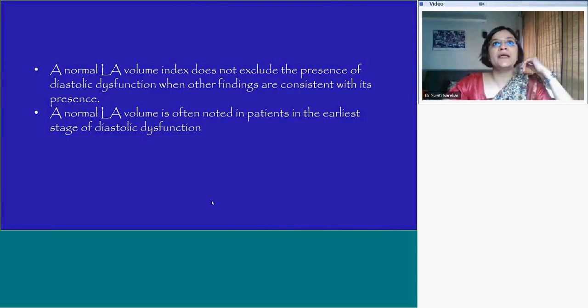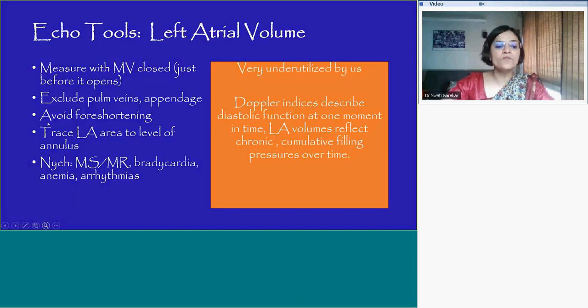The machine will spit out a left atrial volume biplane. If LA size increases, it means diastolic dysfunction, but there are ifs to it. If there's mitral stenosis or mitral regurgitation, obviously the reason for left atrial enlargement is something different. Similarly for bradycardia, or if there's anemia, arrhythmias, you can't use left atrial volume for studying diastolic dysfunction.